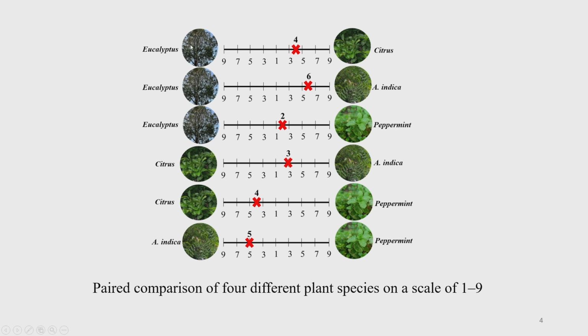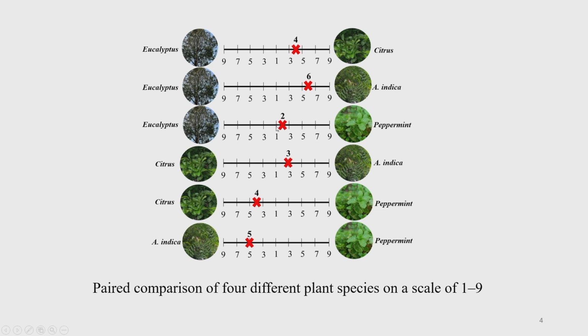First we decide, suppose you are comparing eucalyptus and citrus. Citrus is considered better than eucalyptus, so the scale is on this side and its rank is 4, something like 4 times. A. indica is even better than eucalyptus, so this is 6.